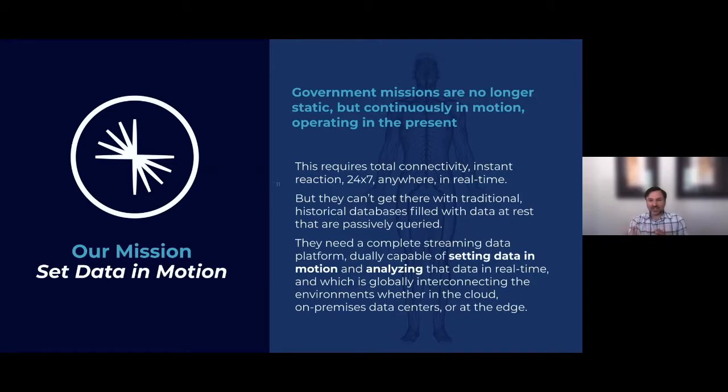Like, the world changes every minute, every hour, every day, and the days of getting your updates in batch even once a day aren't good enough. People are looking at delivering better services to citizens, to customers, to other agencies, and so being able to set that data in motion is critical.